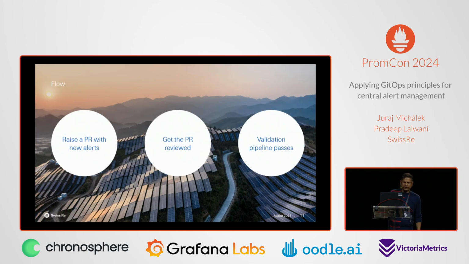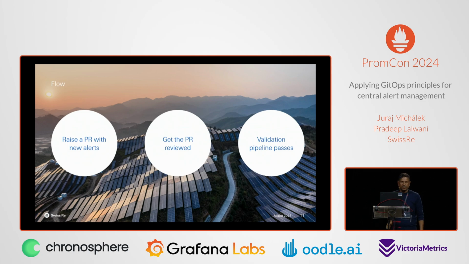So how it works is, any team which wants to contribute knows their data, or they want to take help from us. They raise a PR with a set of YAML specifications on what they want to do, what kind of rules they want to set up. When the PR is raised, during build time a validation pipeline runs, which checks whether the rule met the standards: whether the required labels are available, the time intervals, the frequencies, the warning labels or alert severity labels, all these things.